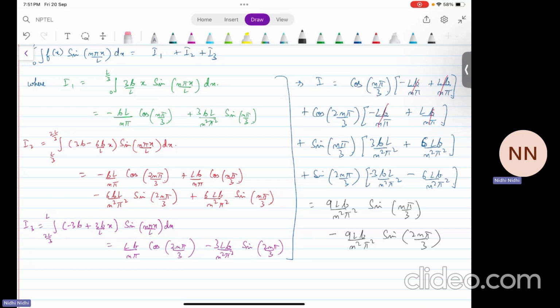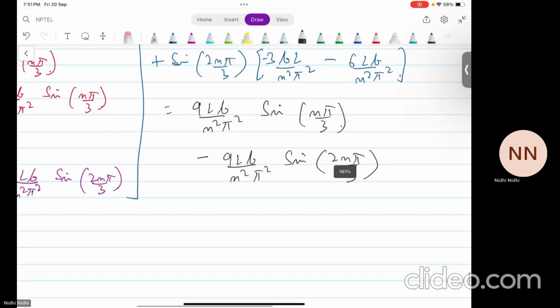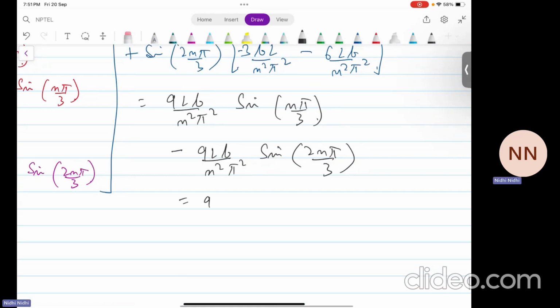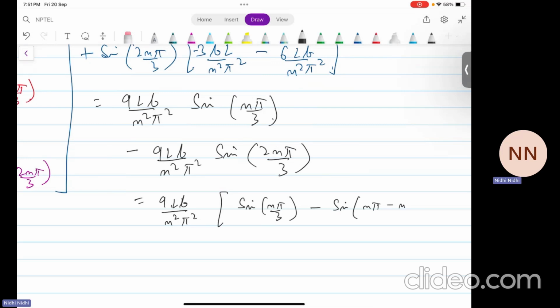We know that sine 2n pi by 3 is basically sine of n pi minus n pi by 3. So that can be written as 9 lb by n square pi square times sine n pi by 3 minus sine of n pi minus n pi by 3.